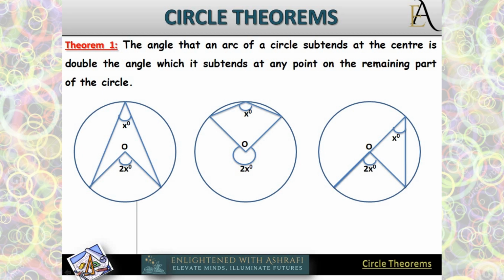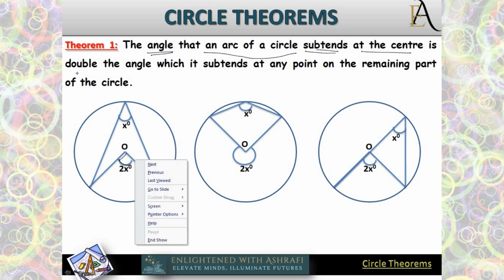So over here, as it says, an angle that an arc of a circle subtends at the center doubles the angle which it subtends at any point on the remaining part of the circle.